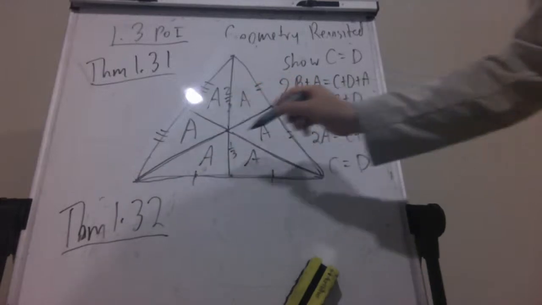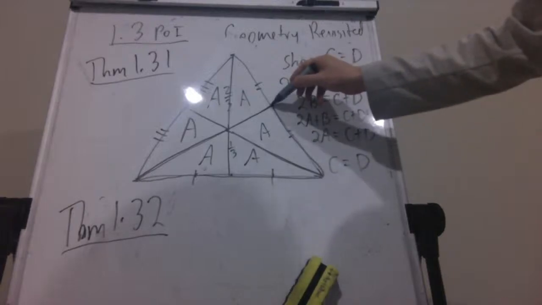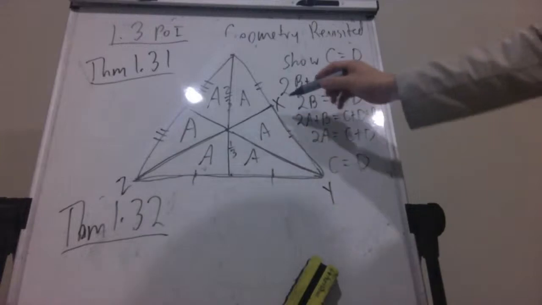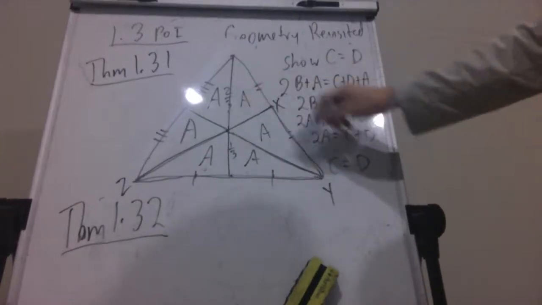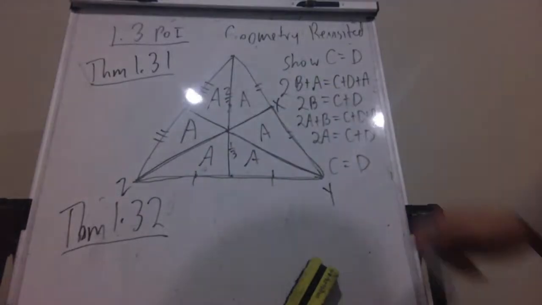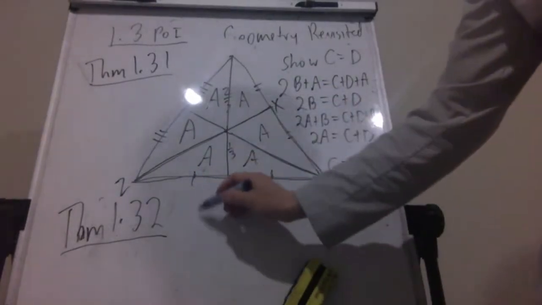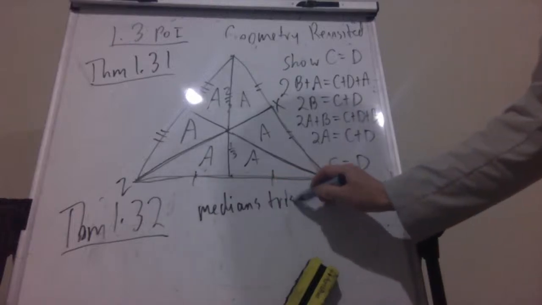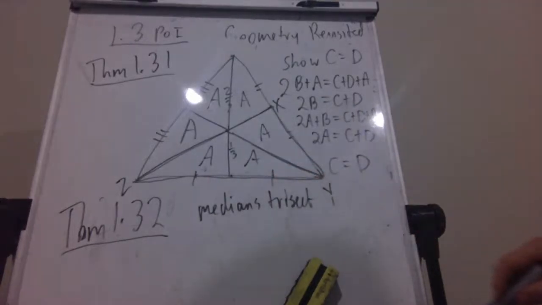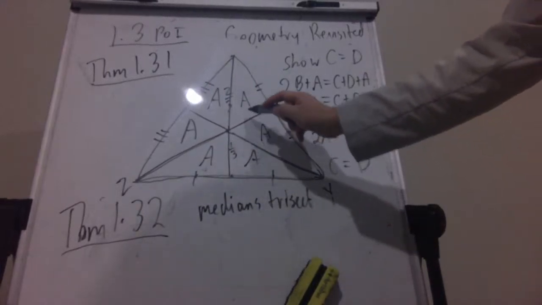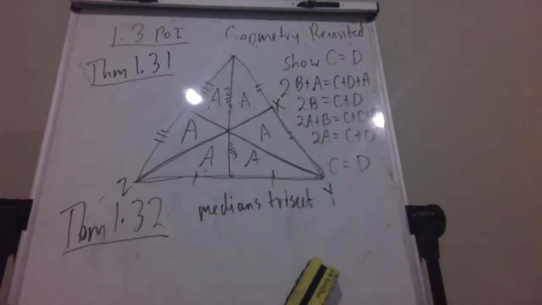So this triangle here, X, Y, Z, that line divides the area 1 to 2, so the base must also be divided 1 to 2. So that's theorem 1.3.2: medians trisect each other. It's not 1 to 2, it's 2 to 1. This is a third, and that's two thirds. Okay, good.